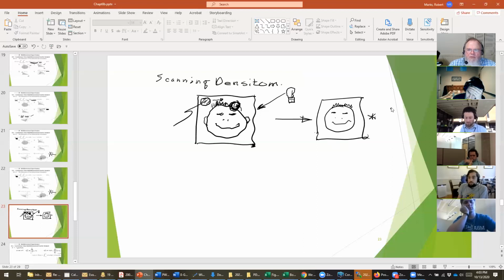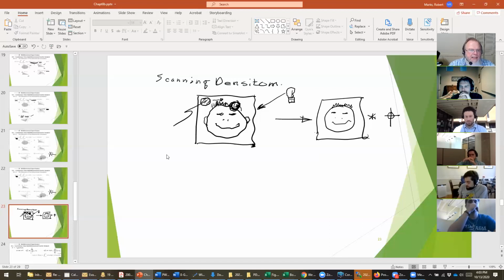It's going to be convolved with a little circle. This little circle is the area of the photo detector. You're going to get out something with much lower resolution. And so that's the way it's going to work.